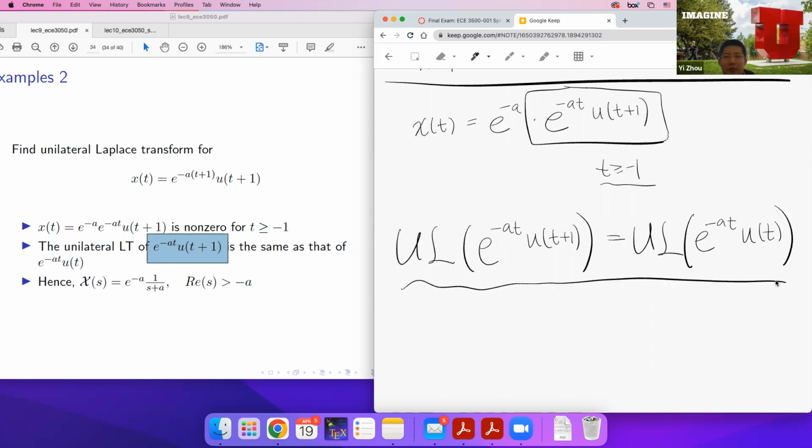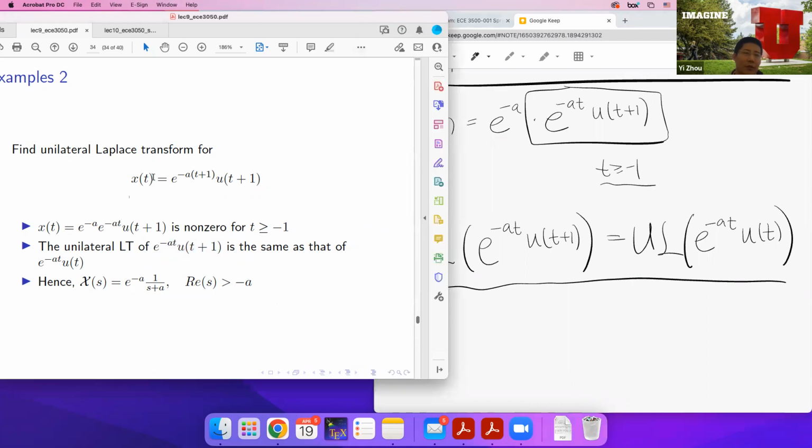So why is that? You think about it. So we can reduce u(t+1) to u(t). This signal is not causal because of u(t+1), right? It starts from -1.